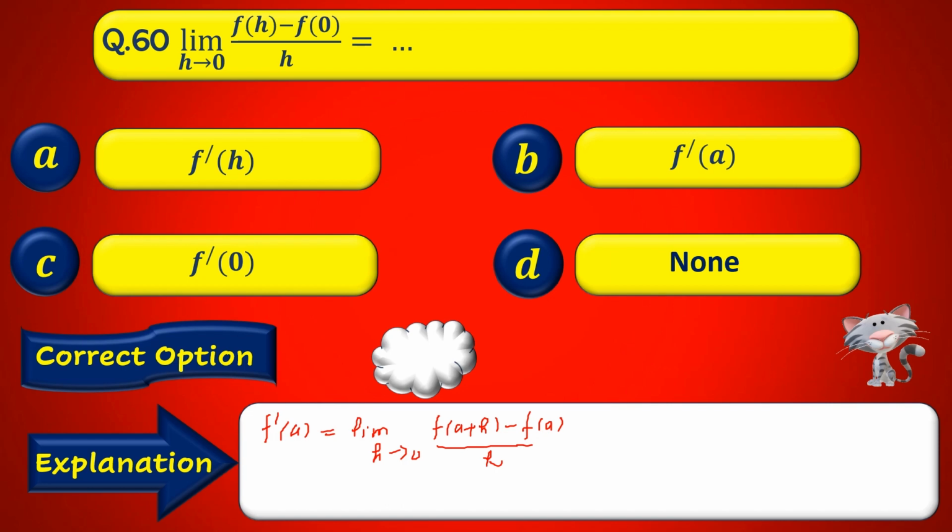Replace a by 0 and we get f dash 0 is equal to limit h approaches 0, f of 0 plus h minus f of 0 over h, and that will become limit h approaches 0, f of h minus f of 0 over h. Therefore, correct option is option C.